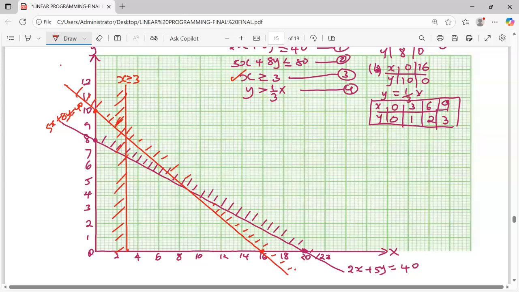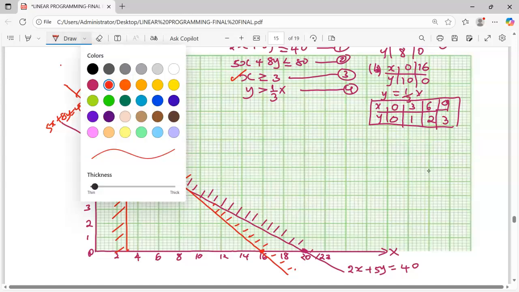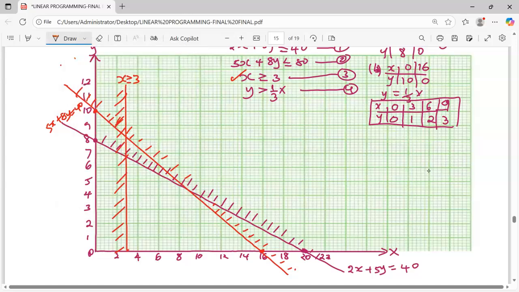And lastly, we are going to move to the last one, where y is greater than a third x. So we are going again to draw this. When x is 0, y is 0. When x is 3, y is going to be 1 at this point here.